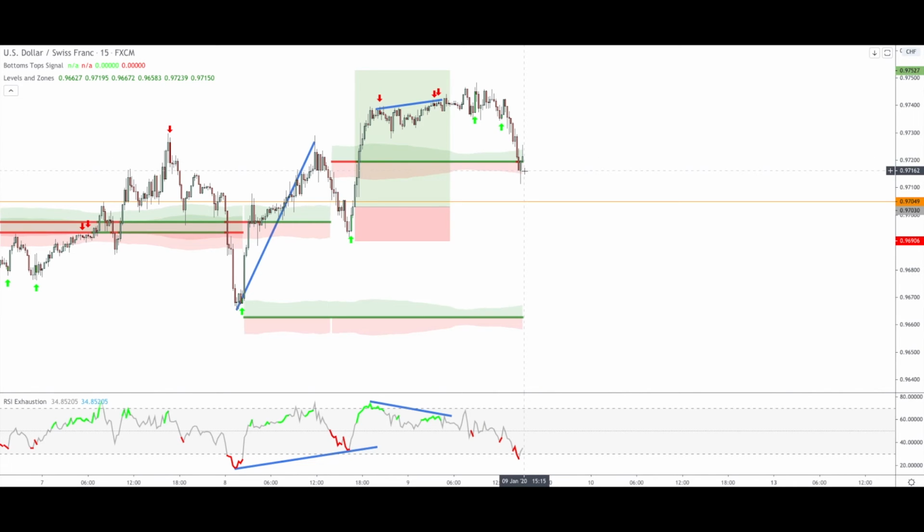It never closed below this sell area here in red. So it looks like this major level is doing its job fine.